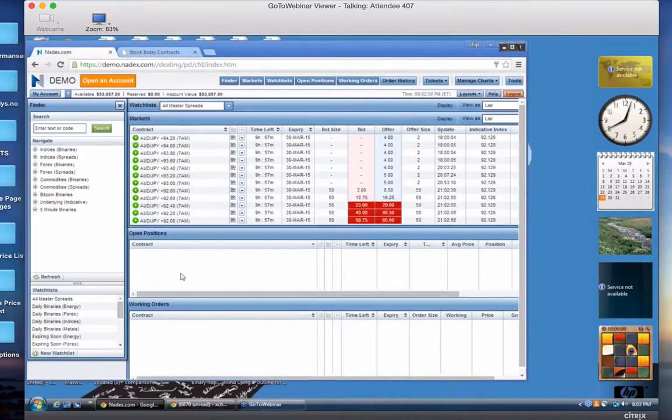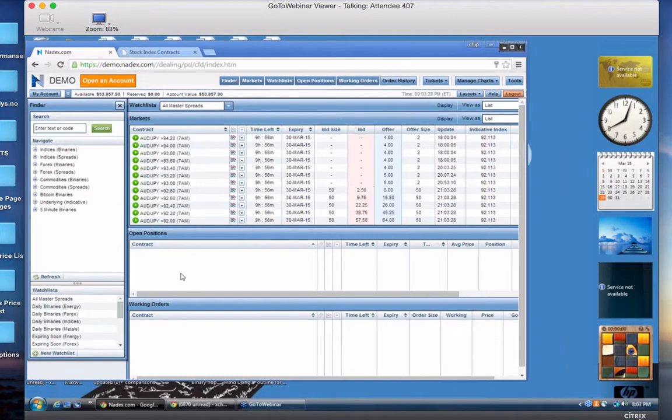Now, here's our screen. I've signed into my practice account, and some of you, at first glance, I'm sure it looks a little like, what the heck is all this stuff? Especially if you've traded binaries before at some other venues, where it's pretty much a continuous at-the-money binary that's offering some type of payout return if you're right.